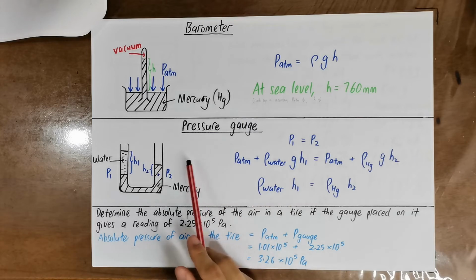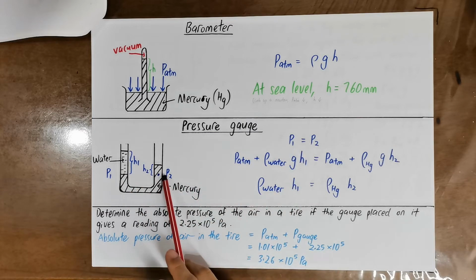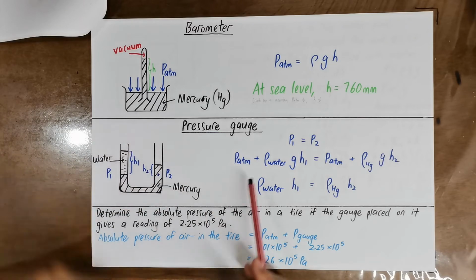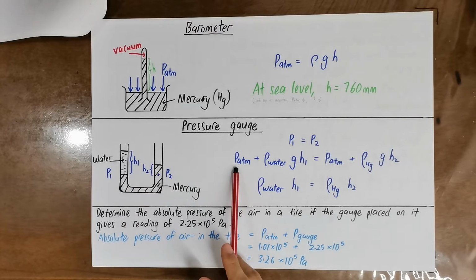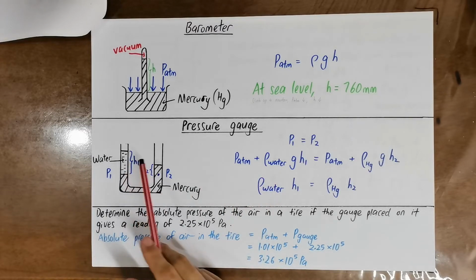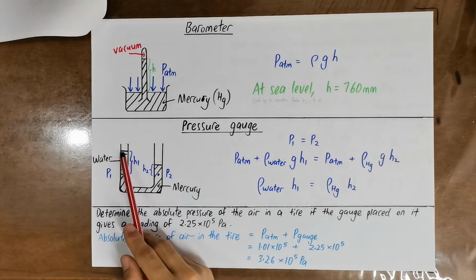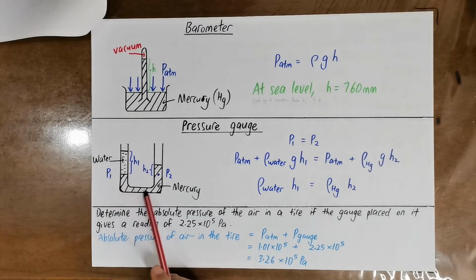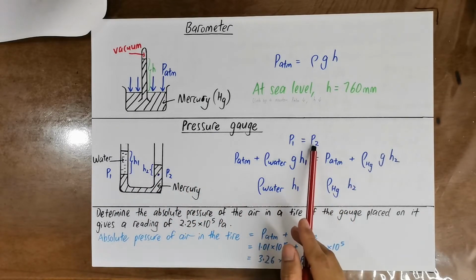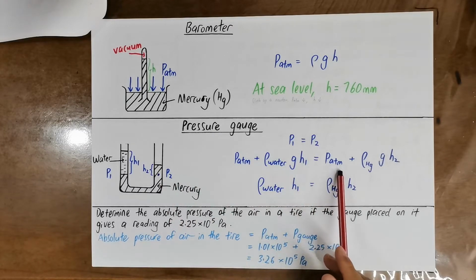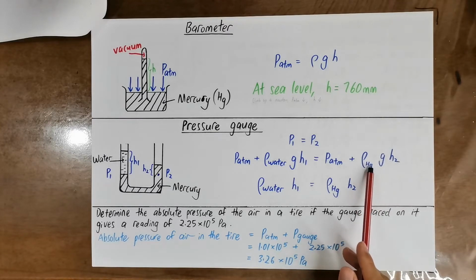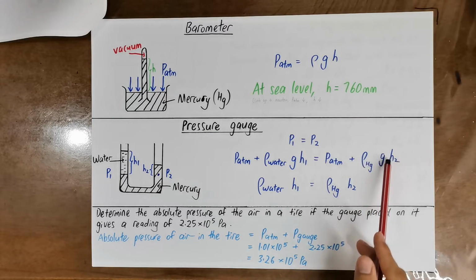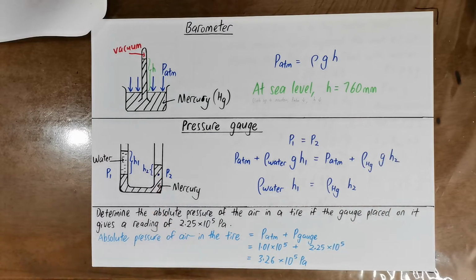The pressure at point 1 is equal to the pressure at point 2 because they are at the same level. The absolute pressure you feel at point 1 is the atmospheric pressure plus rho g h1, where rho is the density of water because here you have some water. This is mercury, and the pressure at point 2 is the atmospheric pressure plus rho g h2, where rho is the density of Hg, the mercury's density. h2 is the height here.